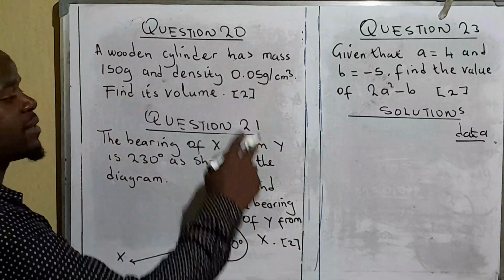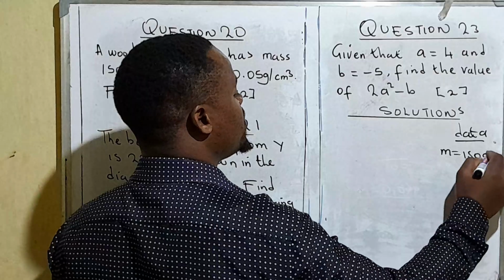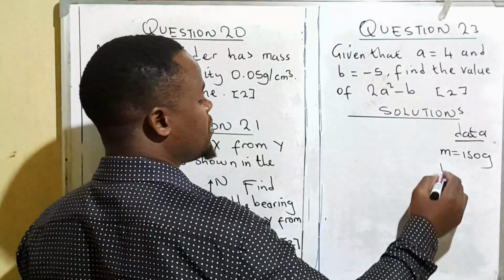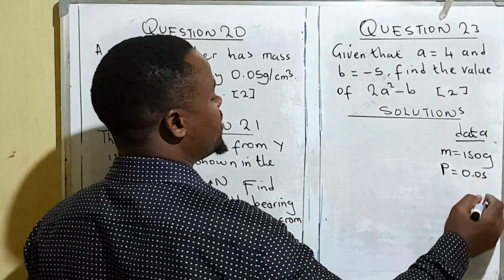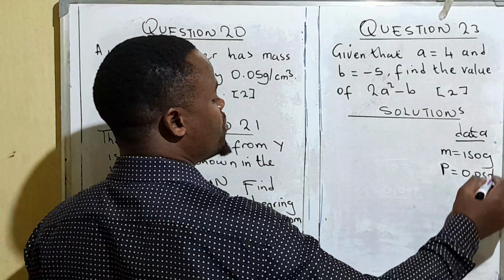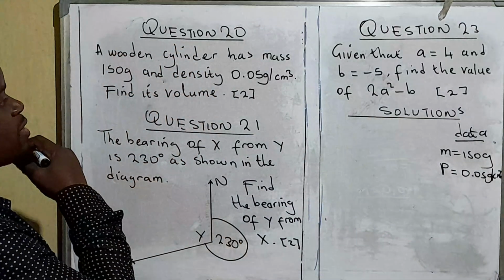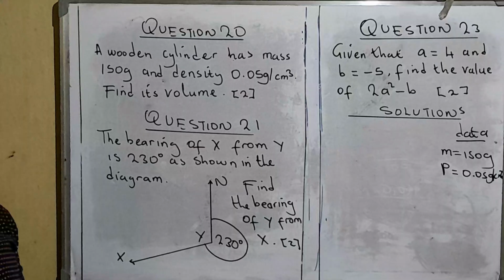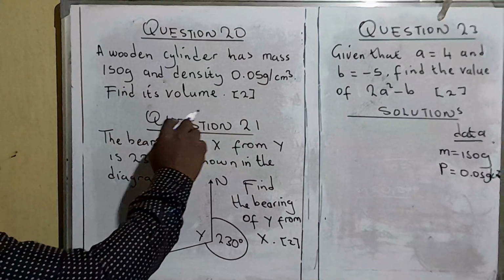We have mass, which is given as 150 grams, and then density is given as 0.05 grams per cubic centimeter. Those are the only two quantities that have been given. And they want us to resolve volume.